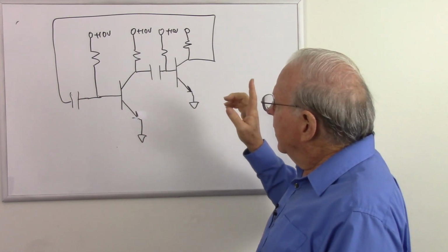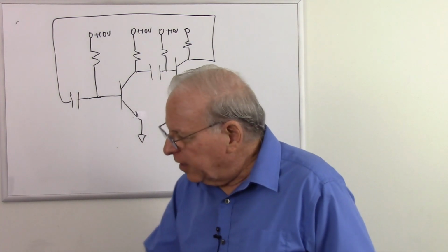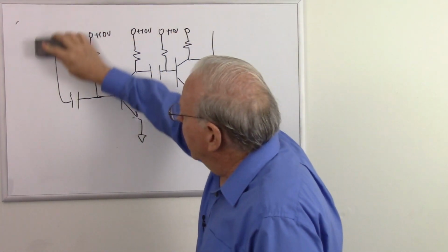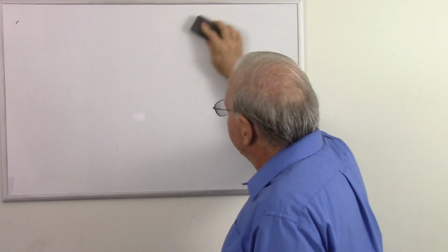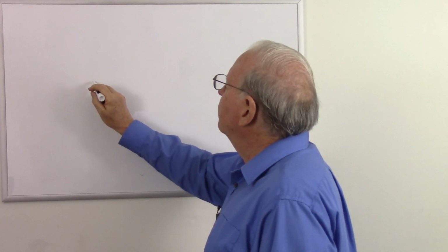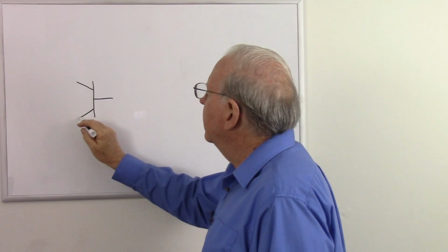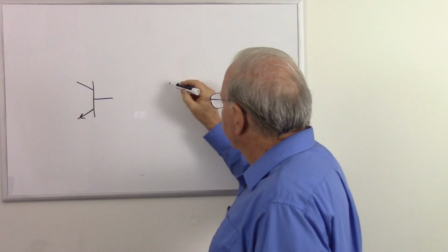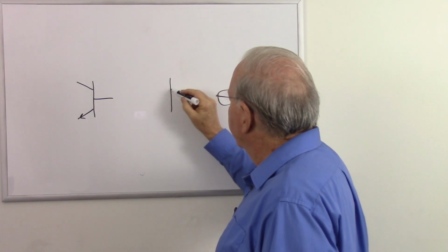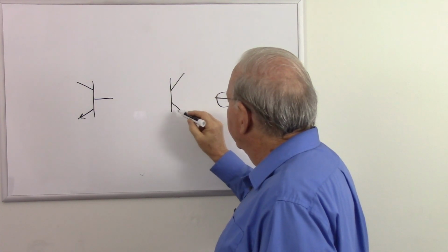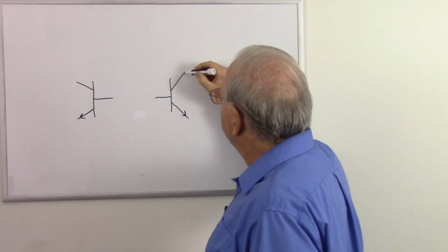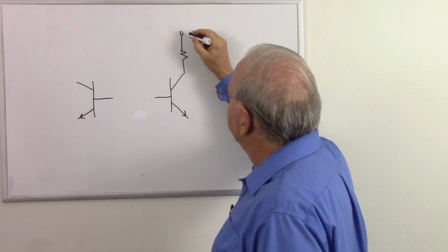So let's take a look at how this works, and I'm going to draw the typical way we look at the astable multivibrator. So we'll start with one transistor here, and our other transistor right about here. And here's our collector resistors.